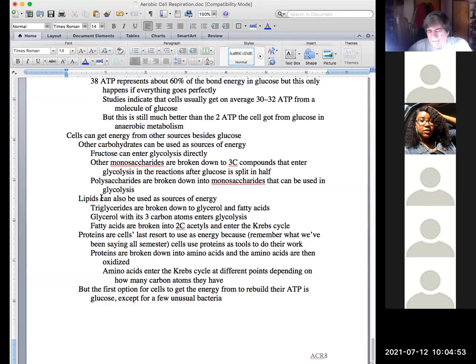Now, if you do this, you do have to be very cautious because your brain mostly runs on glucose. So sometimes when people's blood sugar is low, they get kind of crabby and cranky. So if you exercise early in the morning, you might not be in the best of moods if you exercise before you eat your breakfast.